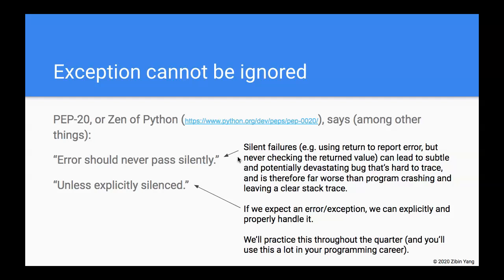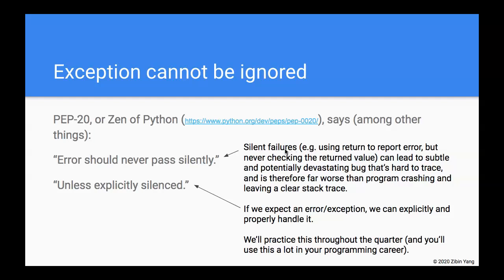What it's really saying is that if errors are not handled, if they just silently occur and we don't know that they're there, it's actually very, very bad. And that can happen if we use, like we just saw, return to report an error, but we somehow forget, either intentionally or unintentionally, to check the return value or the return errors.